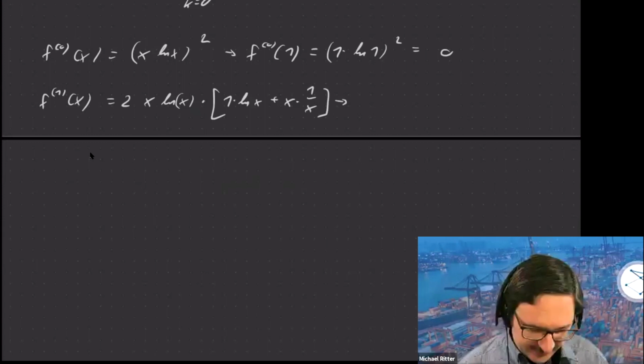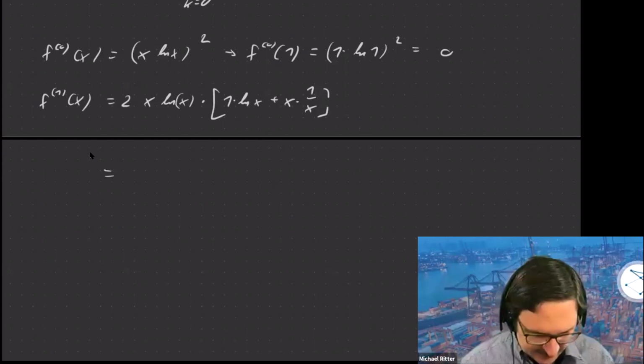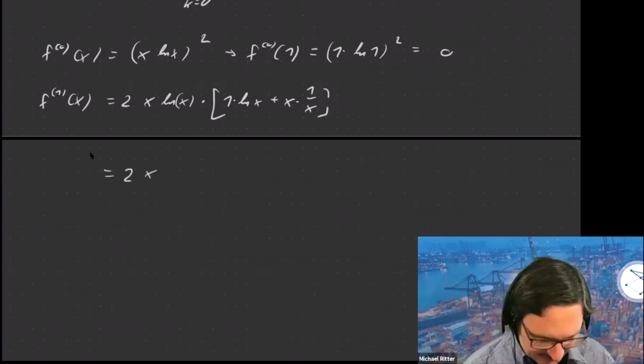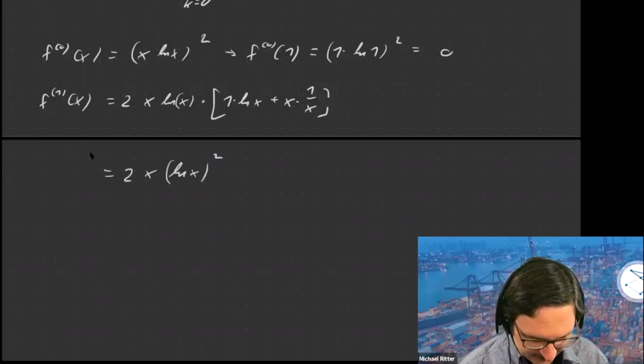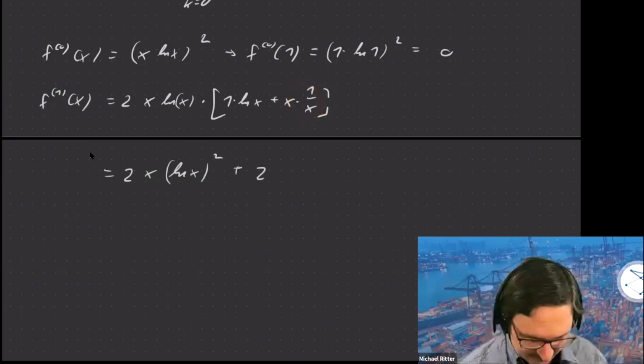Let's simplify that first, since we need to take another derivative after all. So what do we get? We get 2x ln x squared plus x, this here x over x is simply 1, so that's plus 2x ln x.